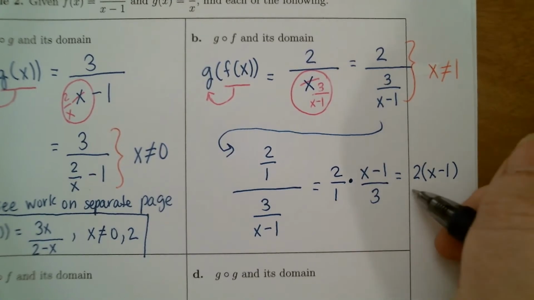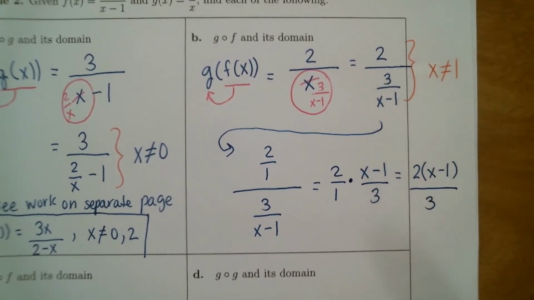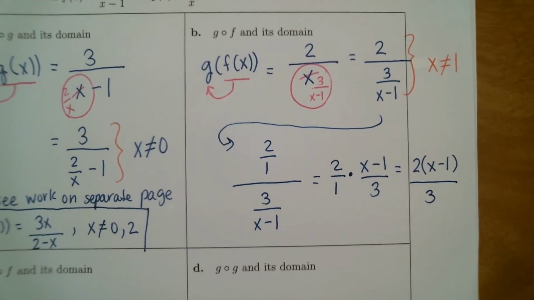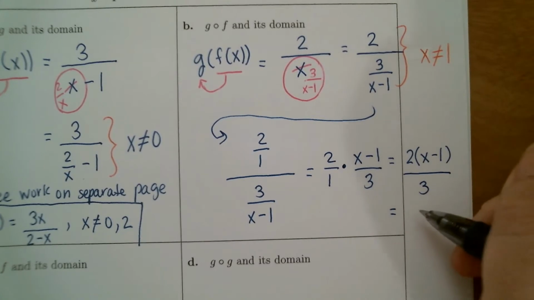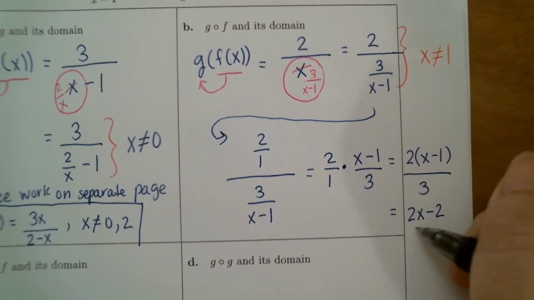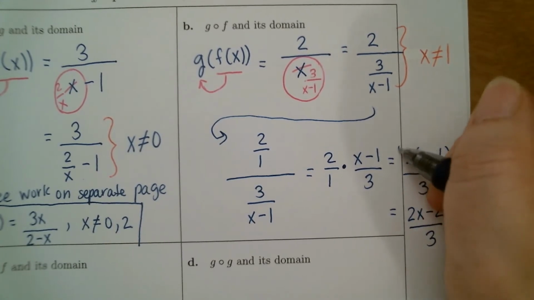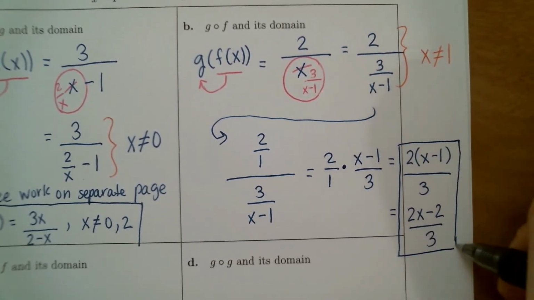The bottom is going to be 3 times 1, which is 3. You can leave it like this. This is an acceptable answer. If you wanted to, you can distribute the 2 up here to get 2x minus 2 over 3. Either of these formats is correct.